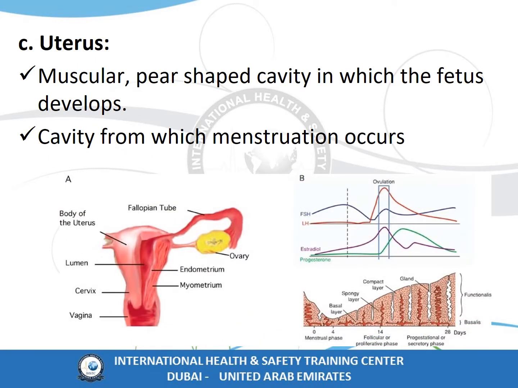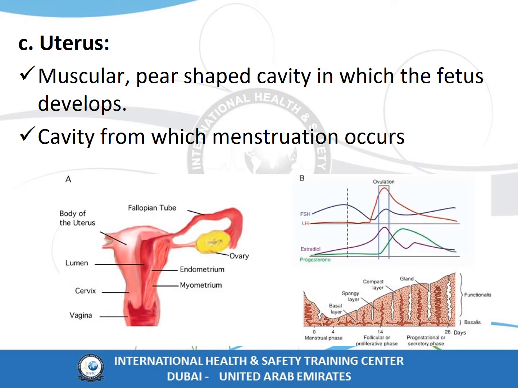Uterus. The uterus is located in the pelvic cavity between the bladder and rectum. It is a muscular pear-shaped organ approximately the size of a clenched fist. The uterus is divided into two main parts: the corpus, or body, and the cervix. Corpus is the upper main portion of the uterus.